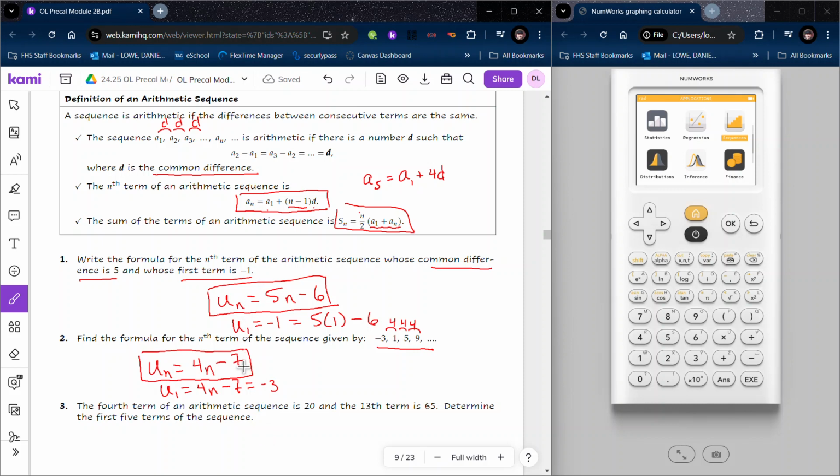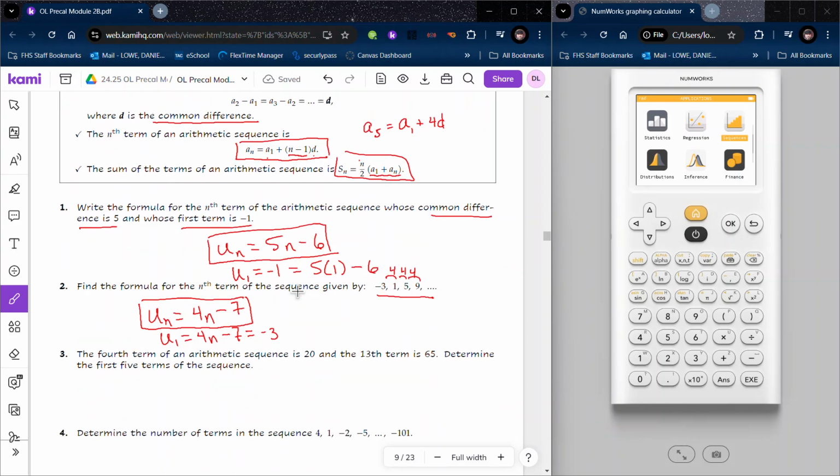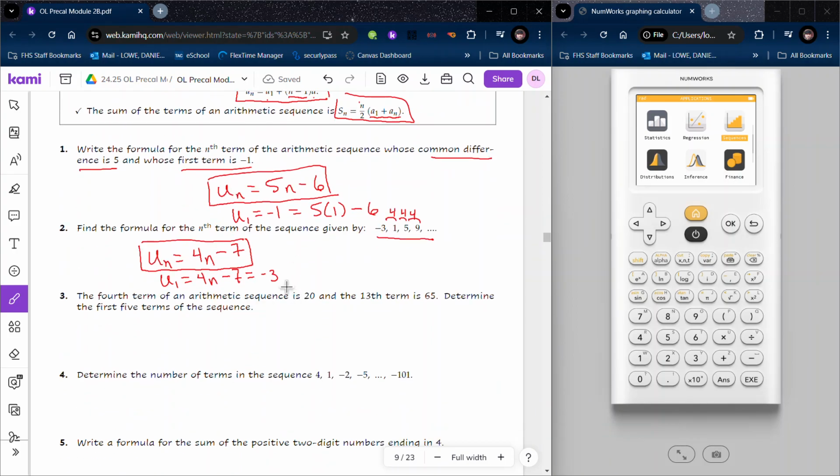Okay. If I'm given that the fourth term of an arithmetic sequence is 20 and the 13th term is 65, and I want to figure out the first 5 terms of the sequence, that's going to be important to be able to figure out what the nth term is. Right? Well, how can I do that?